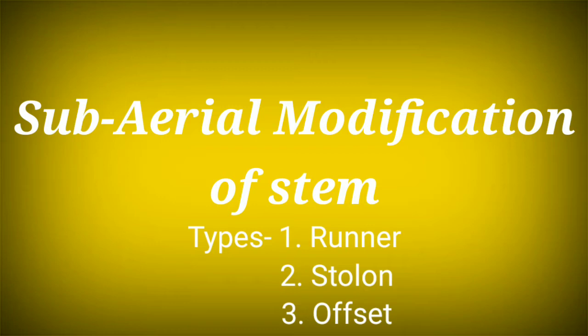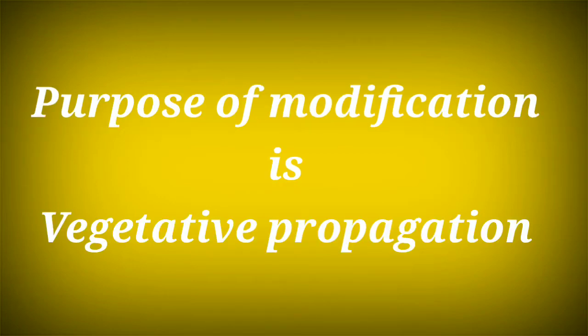Now in case of them, the purpose for the modification is vegetative propagation, that is multiplication of the plant body with the help of the vegetative part, which is the subaerial stem that grows just above the soil surface. Now let's discuss the different types of subaerial stem.